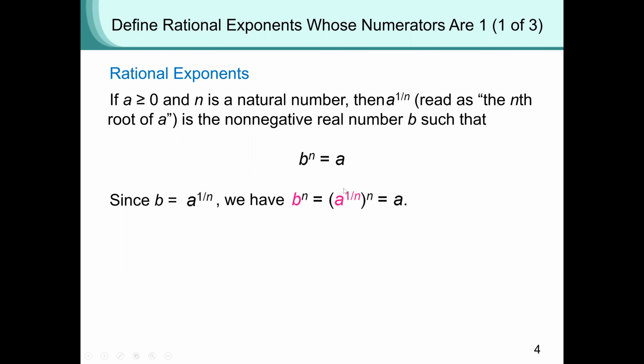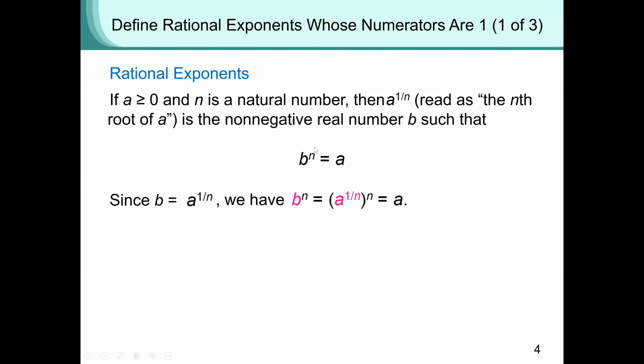Okay, we're going to solve an example soon. But the definition, or the rule, says that if a is greater than or equal to 0, so a can be any base value, and n is a natural number, which will be our exponent, then a to the power 1/n, which is read as the nth root of a, is the non-negative real number b, such that b to the power n equals a.